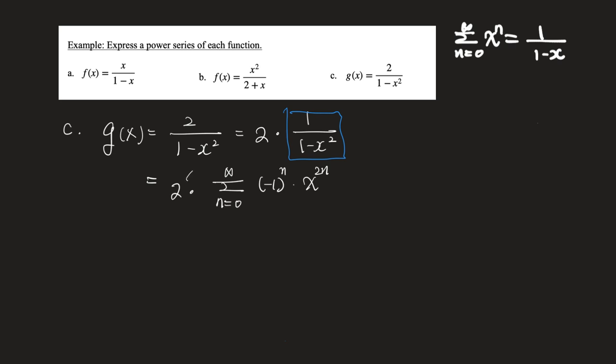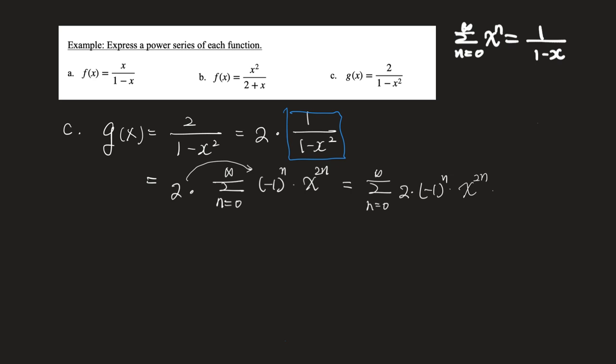Now 2 goes inside the sigma notation: summation n equals 0 to infinity 2 times negative 1 to the n, x to the 2n. That's the new power series.